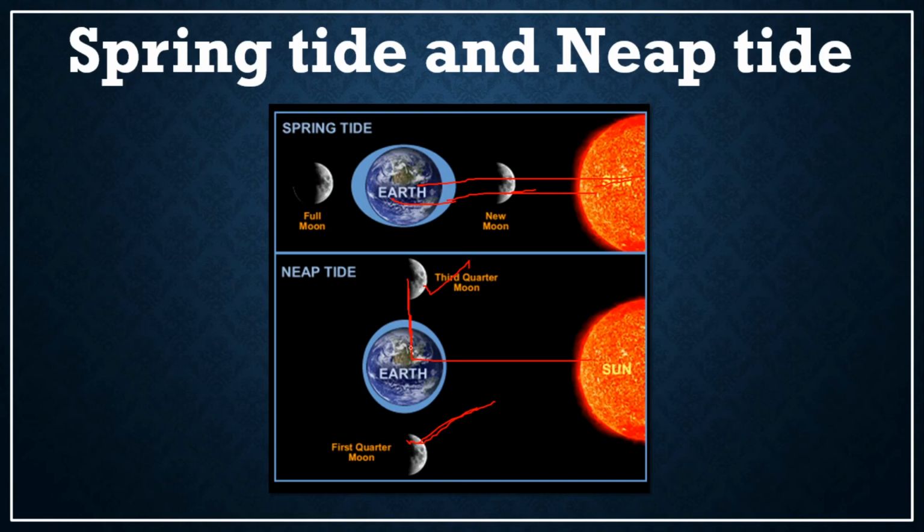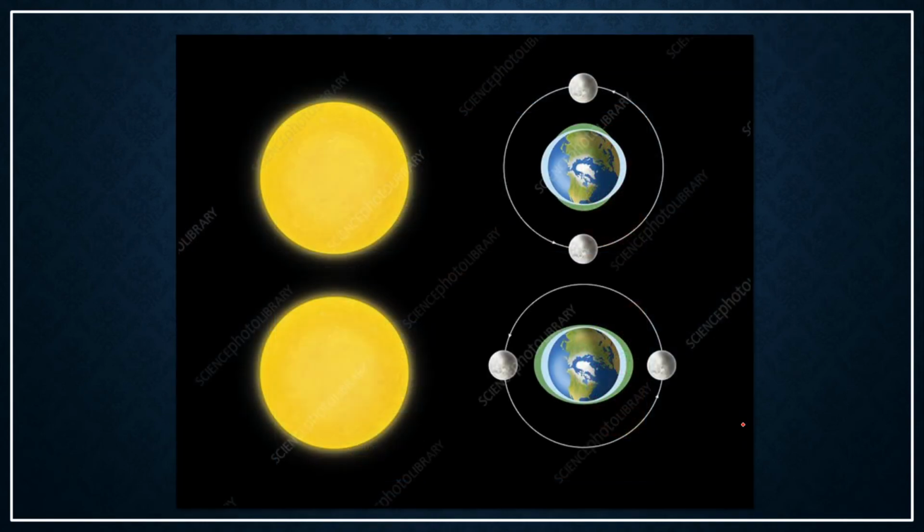The gravitational pull of the sun opposes the gravitational pull of the moon. In such cases, we find neap tides occurring. See over here how the sun, the earth and the moon are at right angles, and it is during this time that neap tides occur. In such cases, high tide is lower and low tide is higher than other tides.